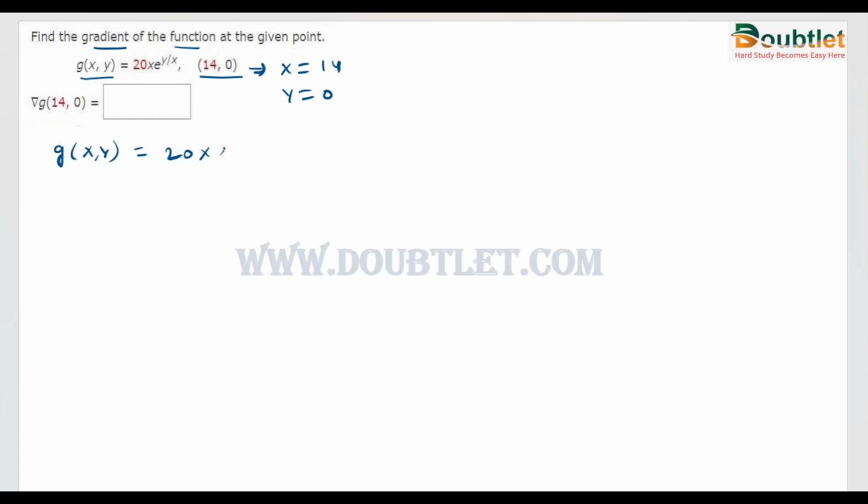This is 20x e to the power y divided by x. So we know that if we want to find the gradient of g, we can write this as gradient of g or del g.